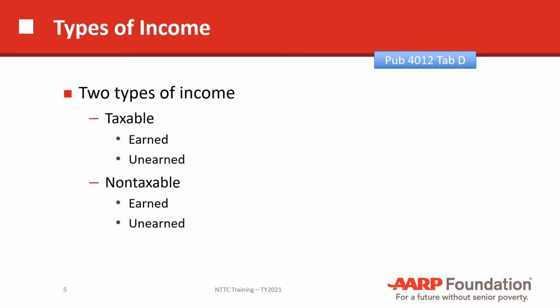With respect to US tax law, there really are only two types of income. There's taxable income and there's non-taxable income. And under each of those categories, there is what's called earned income or unearned income. So there's taxable earned income, taxable unearned income, and also non-taxable earned and non-taxable unearned.